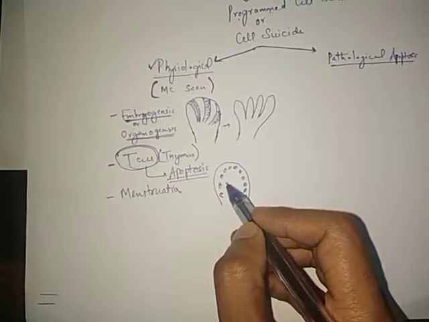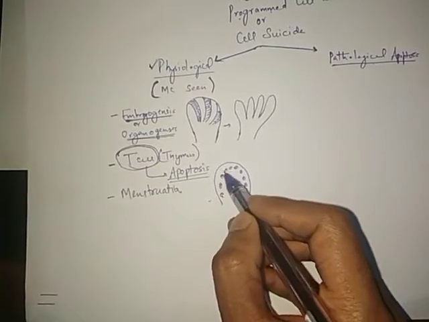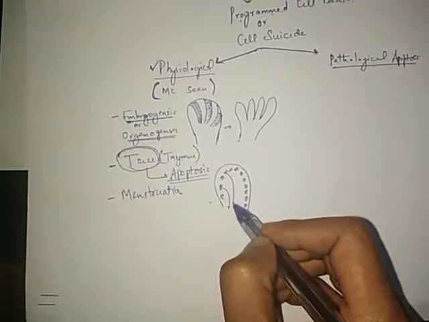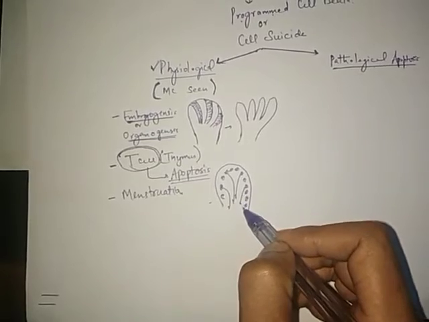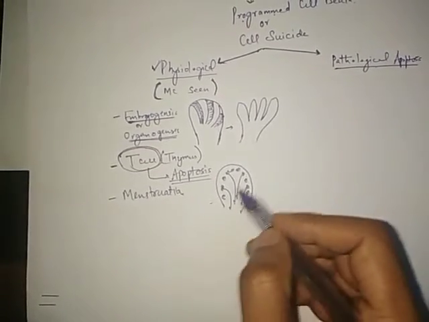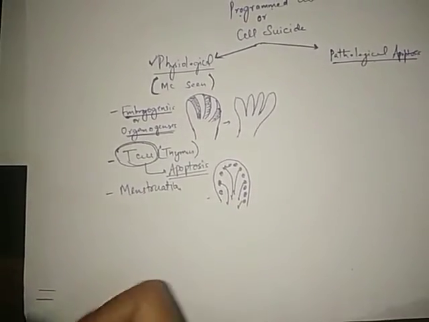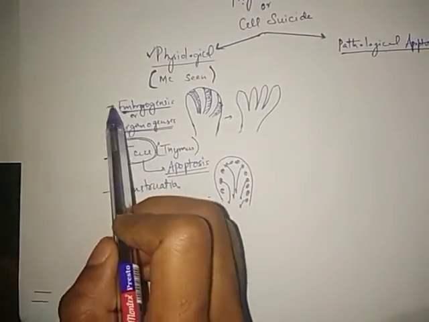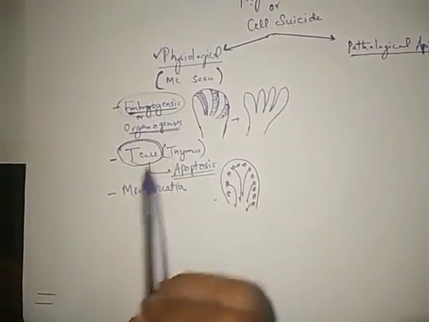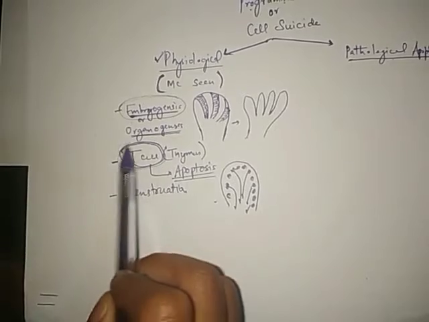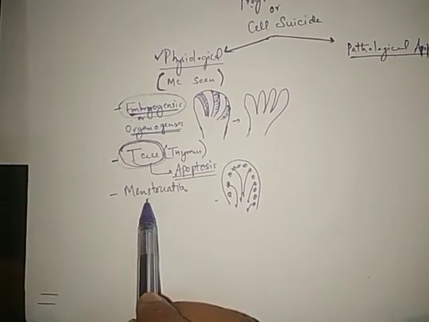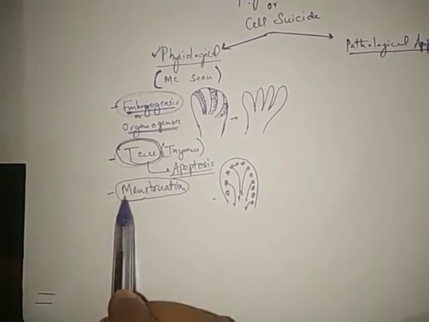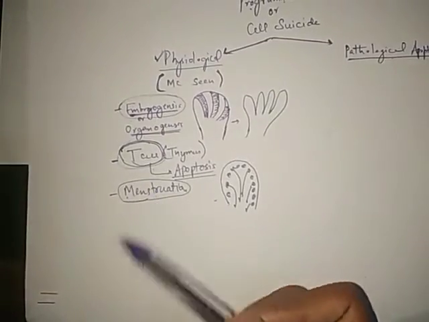Since there is no conceptus reaching there, these cells are not required by the body and they are shed in menstruation. So endometrial shedding during menstruation is an example of physiological apoptosis. Physiological apoptosis is seen during embryogenesis, during the maturation of T cells, and during menstruation.